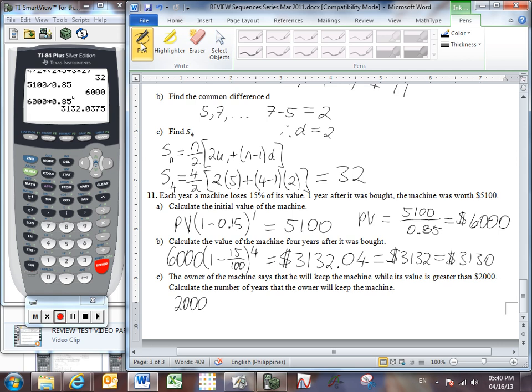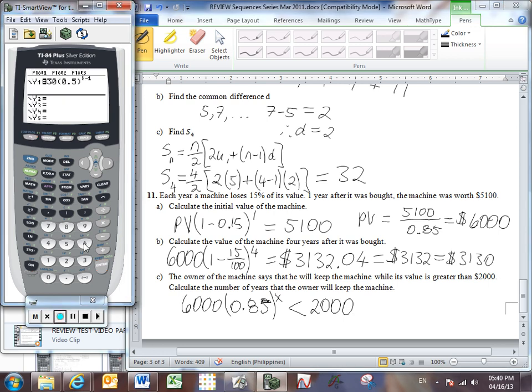So, let's start again. I'm starting with a $6,000 machine. It's losing 15% every year, so that's multiply, so it's only got 85% of its former value. I want to know how many years will it be before we have it as a value of less than 2,000. So let's put this into the calculator.